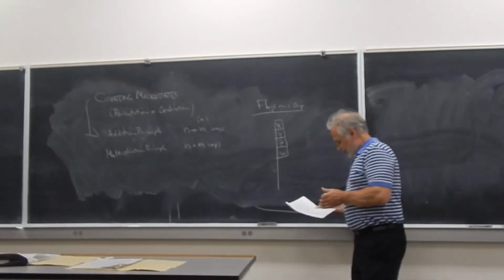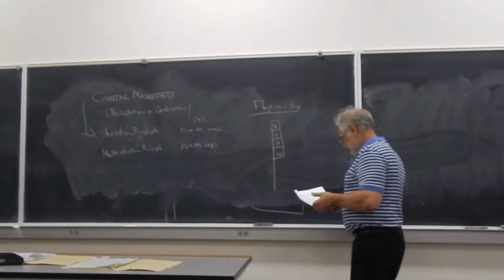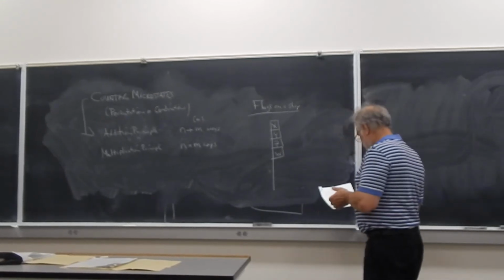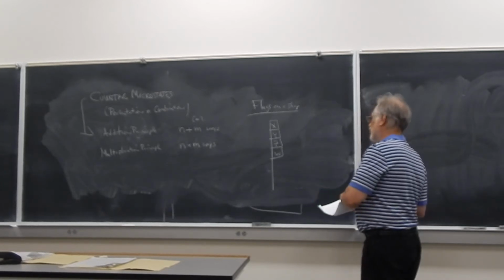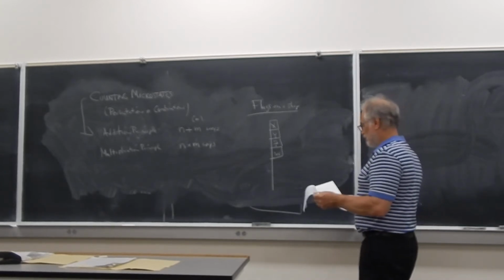So the question I would ask is, how many signals can it send, assuming at least one flag must be on the flagpole to create a signal? Okay, so that's the problem.